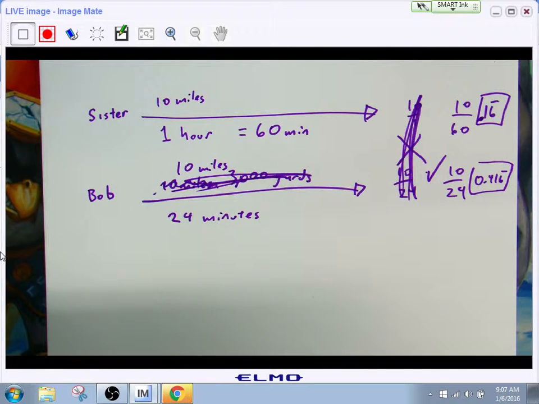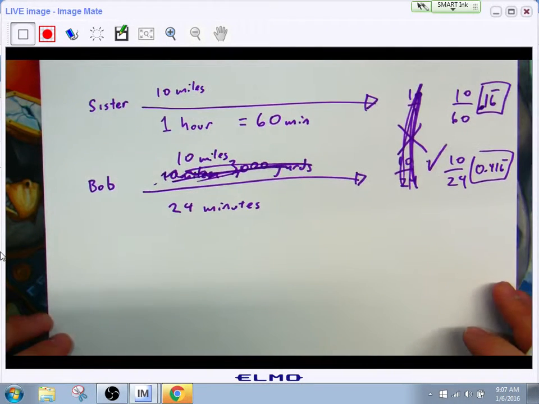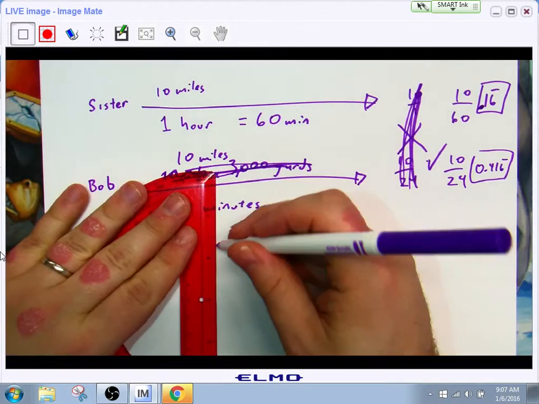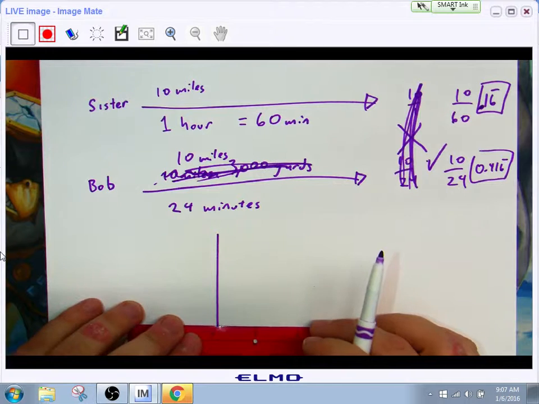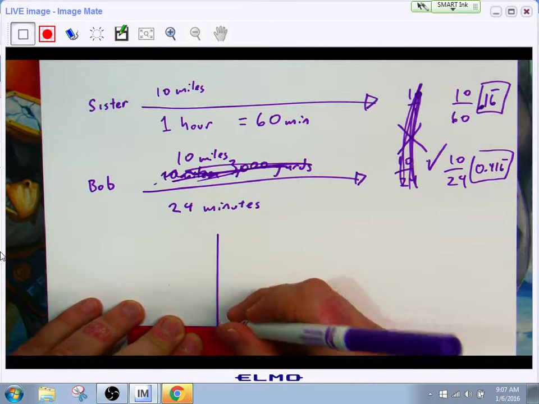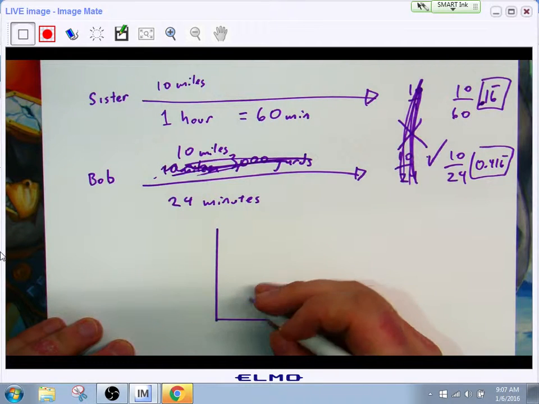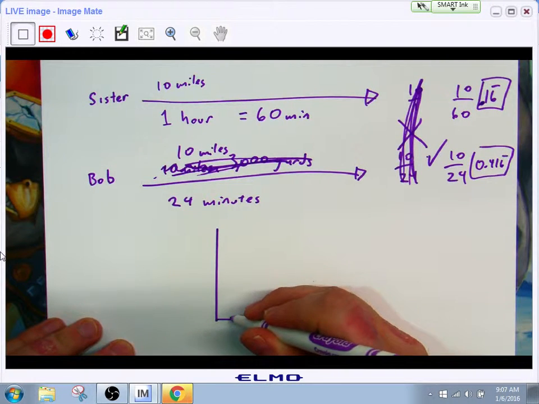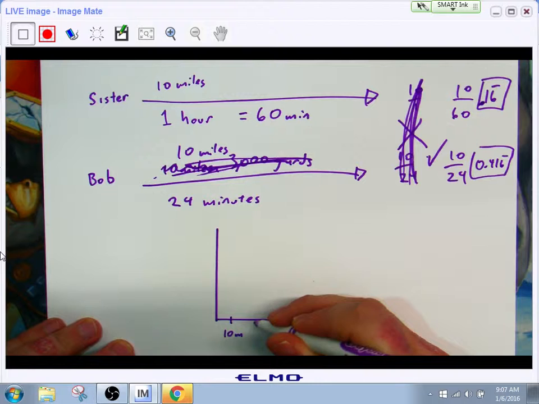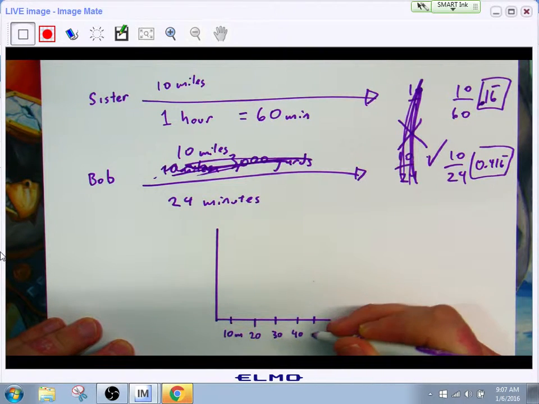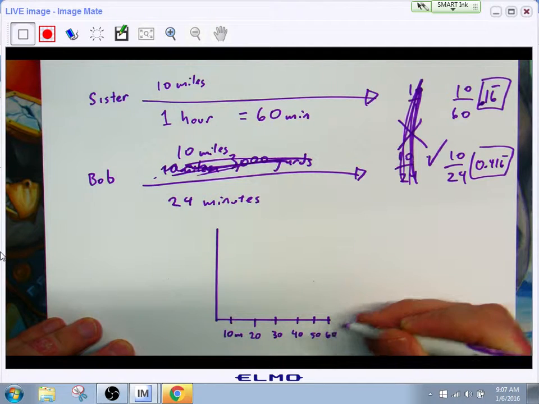Now, what does that look like when we graph it? Okay, where's my protractor? Okay, so here's what I'm going to do here. I'm going to say this is 10 minutes, 20, 30, 40, 50, 60, okay?